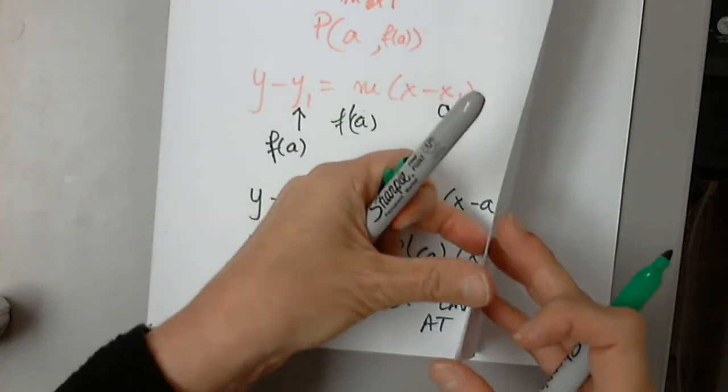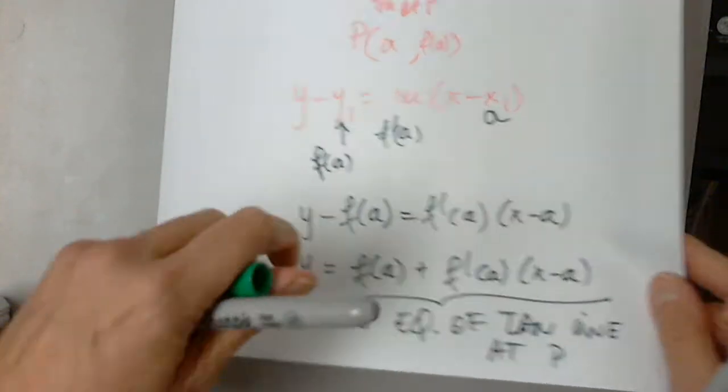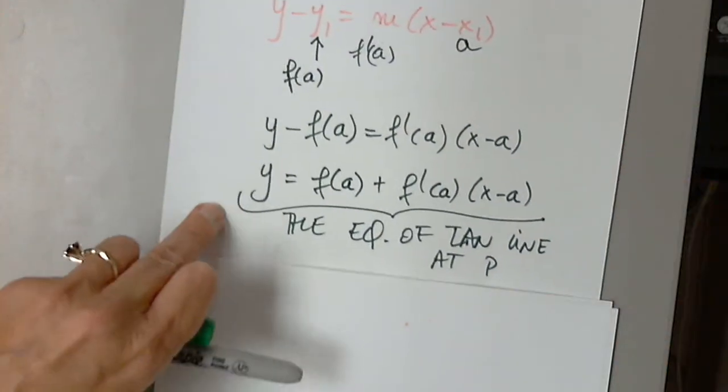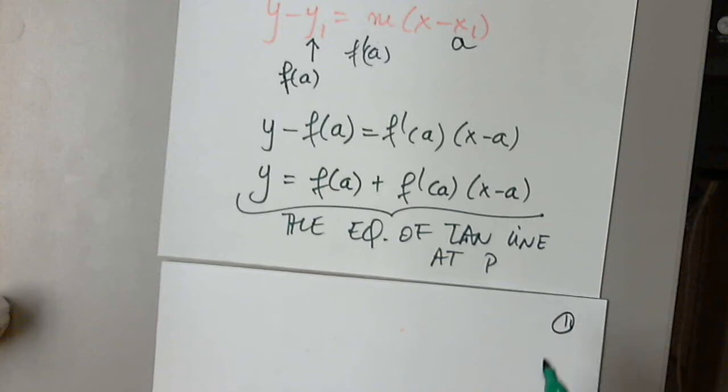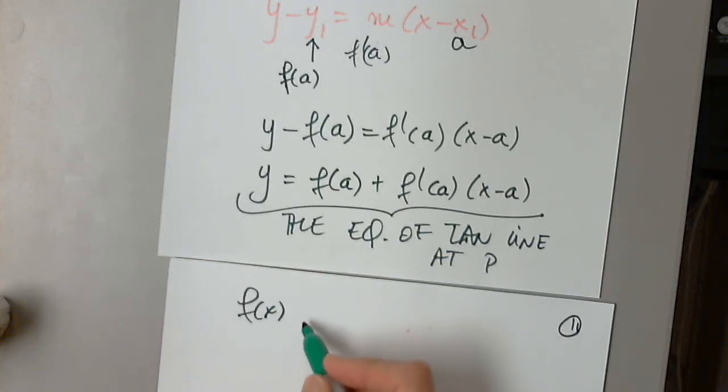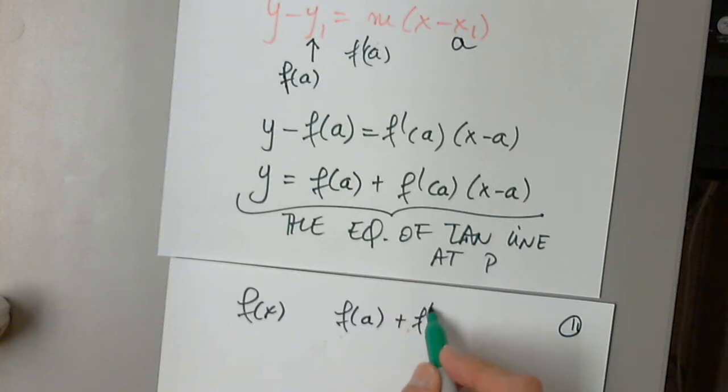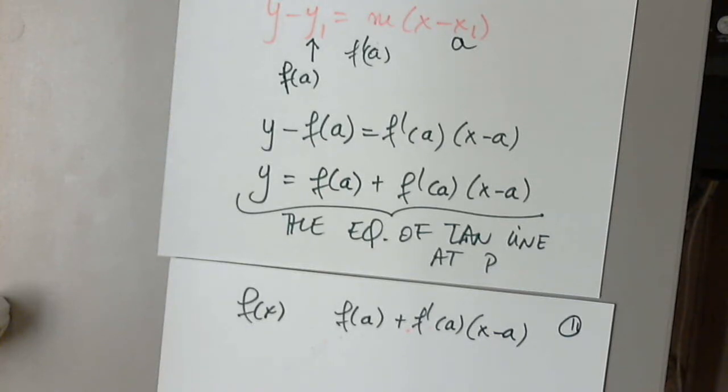Therefore, according to my claim from 2 minutes ago, I cannot write that f of x equals, but what is the relationship between f of x and f of a plus f prime of a times x minus a? They cannot be equal.